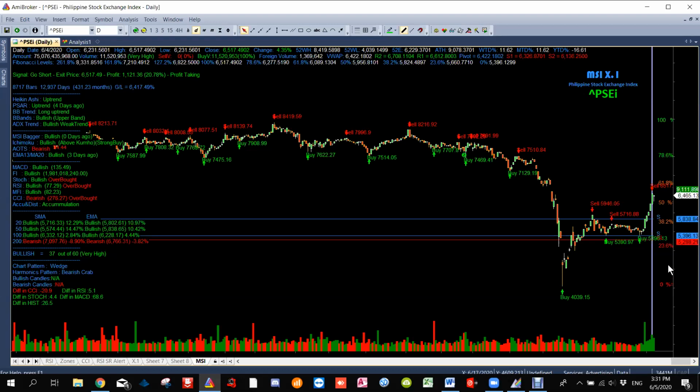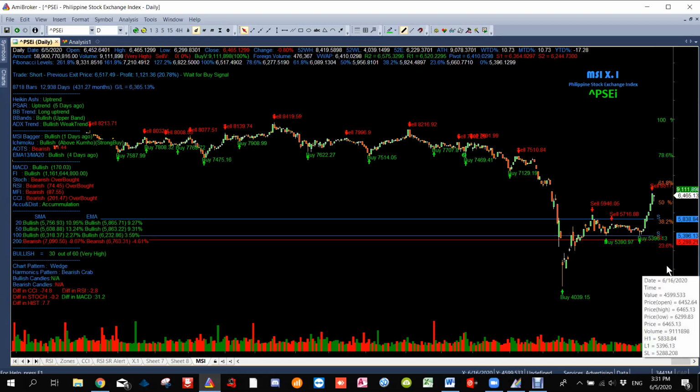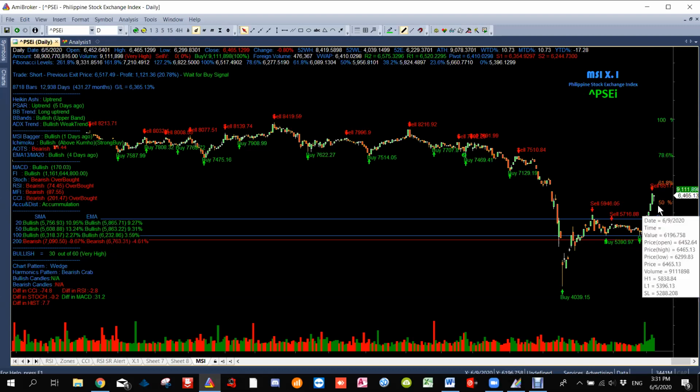So yun yung sinasabi ko kahapon sa group chat natin na kailangan na ni PSE na mag-retrace kasi masyado ng steep, masyadong mataas ito, dire-diretso siya, no? So pag nahulog siya, kailangan niya ng kumbaga sasaluhan o yung support. So until now, wala pa. Kanina lang siya lumabas, which is nakita natin na yung MA100 nagsusupport na dito sa candle na to.